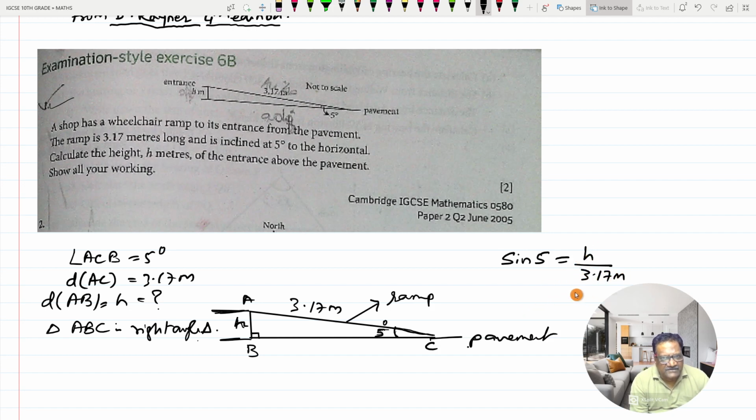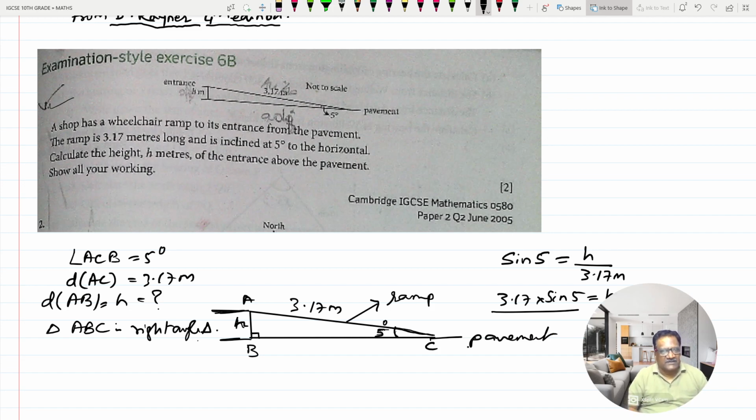So if I want to find out h, this 3.17 multiplied by sine of 5 will give me h, and I'll get h as 3.17 into sine 5, which happens to be 0.28 meters. So this is the answer for the first question, right? You have found out the height of the shop from the pavement, which is h, and the answer is 0.28 meters. That was the first question as a starter.